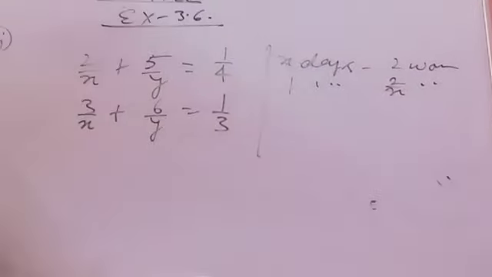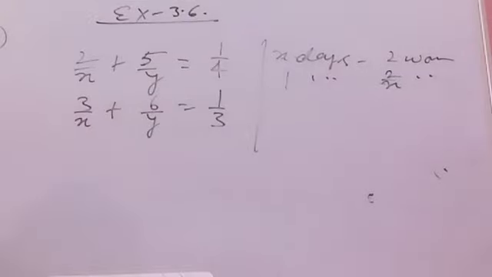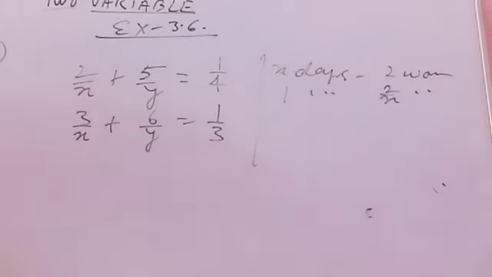Same thing for men, it will be taken y, and it gives you 5 by y, and both when combined complete in 4 days. So in 1 day how much work would be completed? 1 by 4. So this is something related to work and distance.